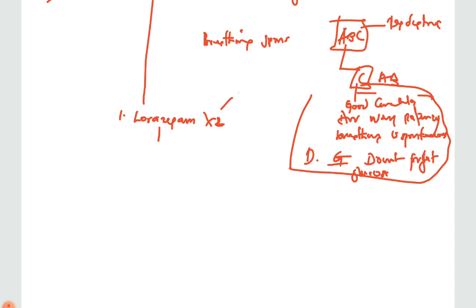The first one, then after like 10 minutes, you give another dose. And if you still don't have seizure abortion, then you move on to give phenytoin.